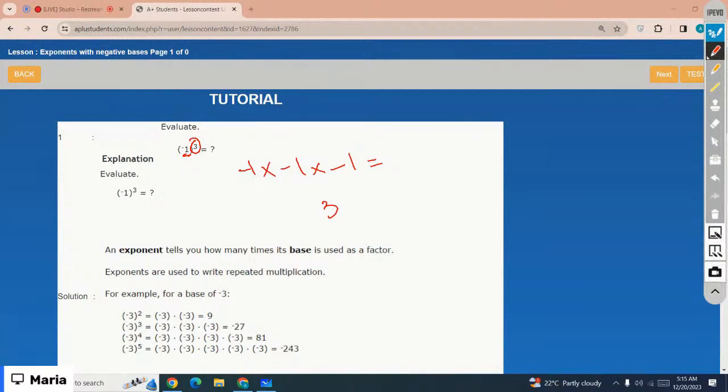Odd number it is, right? If the given exponent is odd, the answer must have a negative sign, right?